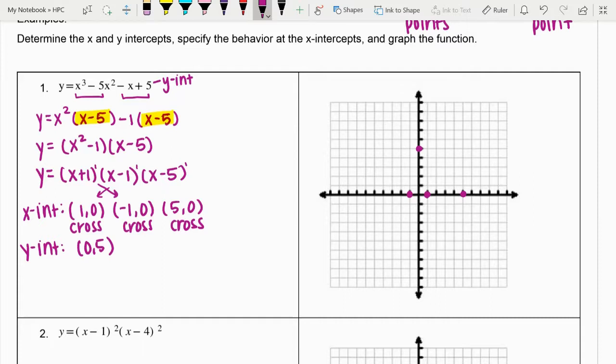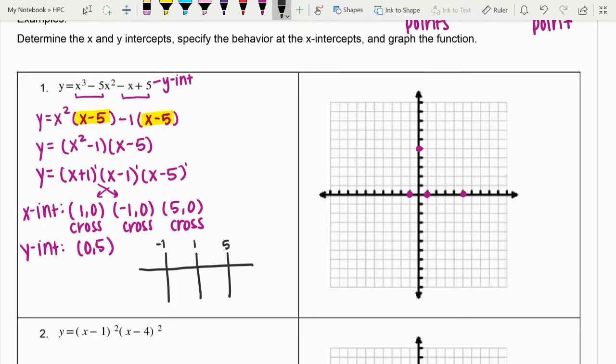Okay, now I need to determine how my graph is shaped. So is it coming from the negative direction or the positive direction? So we are going to test some values. So we have our 3 x-intercepts. Okay, so we've got negative 1, 1, and 5.